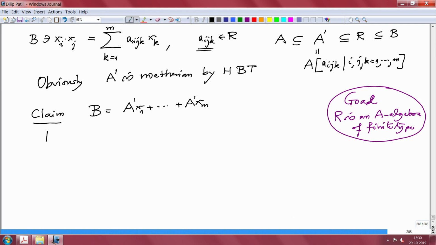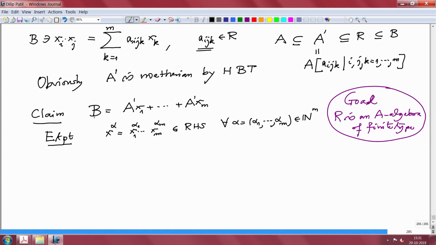So it is enough to prove that every monomial in small x, that is x power alpha, this is calculus notation, x1 power alpha 1, up to xm power alpha m, already belongs to the RHS, for every alpha equal to alpha 1 to alpha m in N power m.